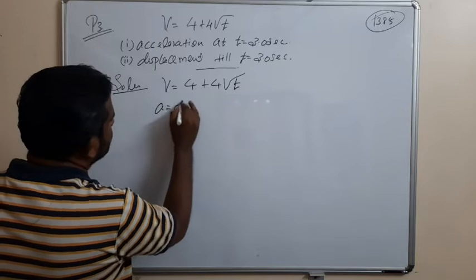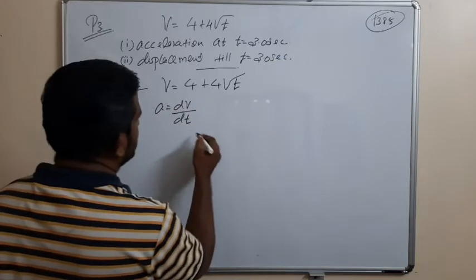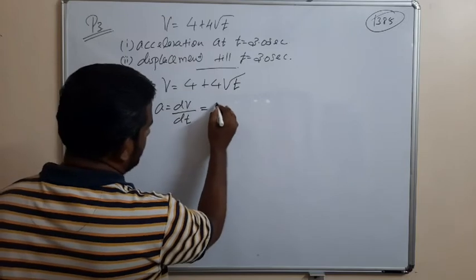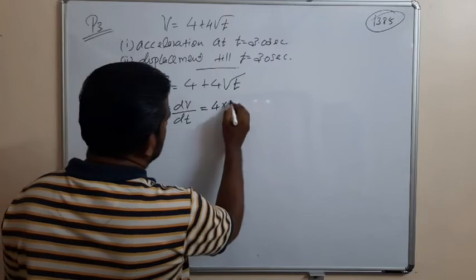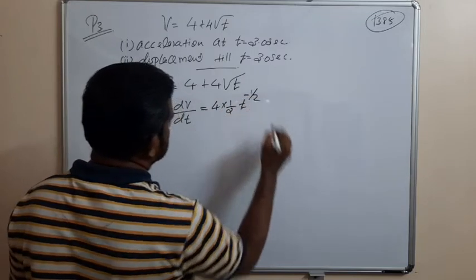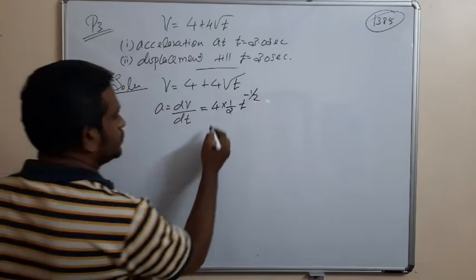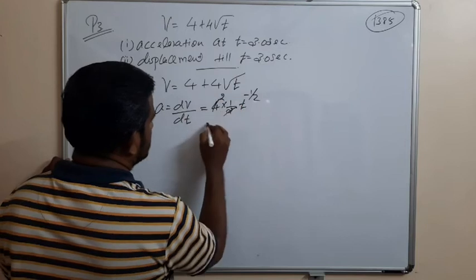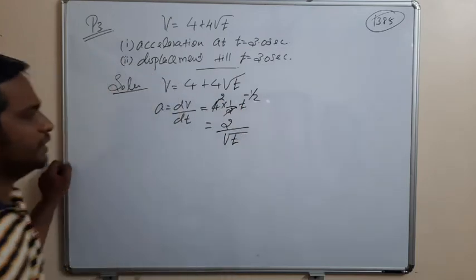So we have to find the acceleration. a = dv/dt, that's equal to 4 into 1/2 into t to the power minus 1/2. The 2 cancels, that's equal to 2 by root t.